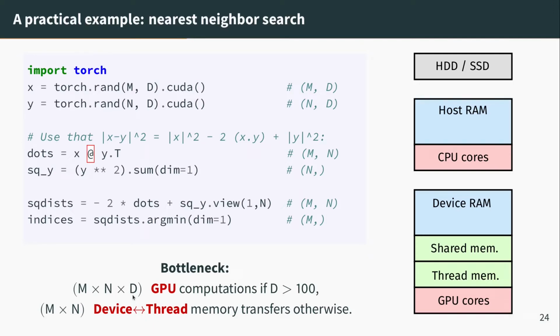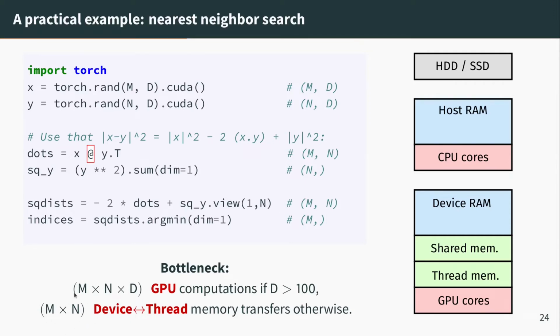And I told you that a memory access costs on the order of 100 arithmetic operations. So if the dimension is small, then making those M times N times D multiply-adds is cheap, and we are going to be bottlenecked by the memory accesses.